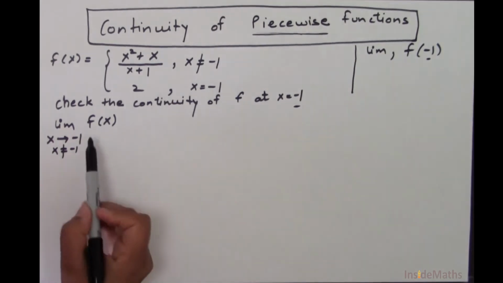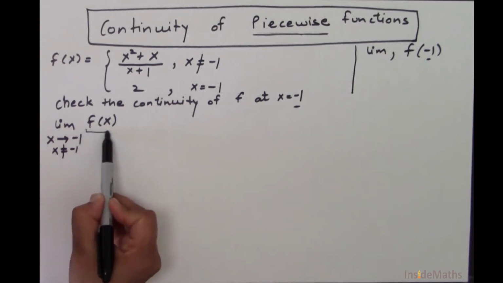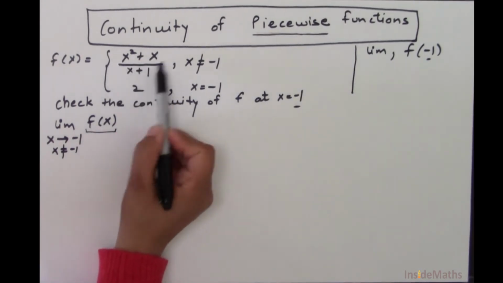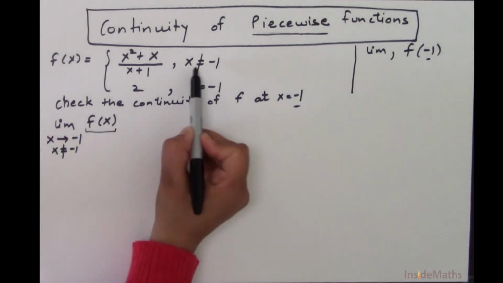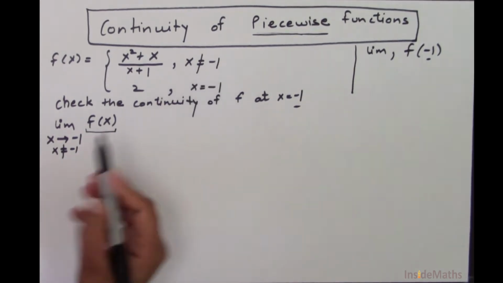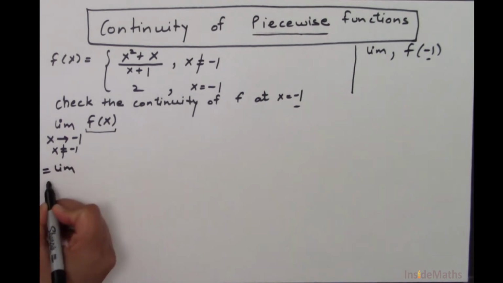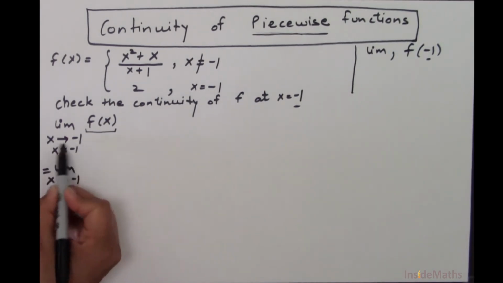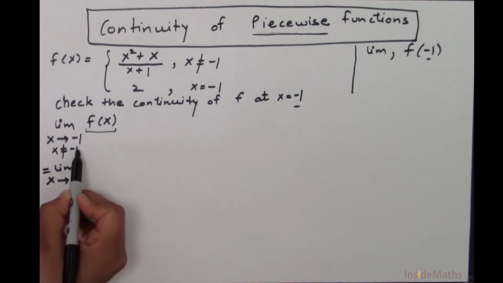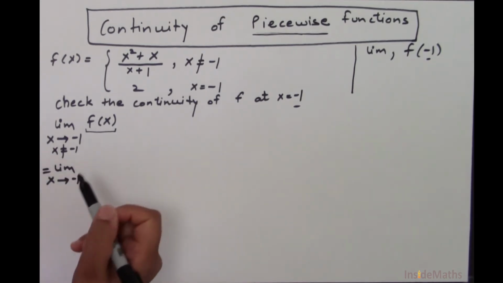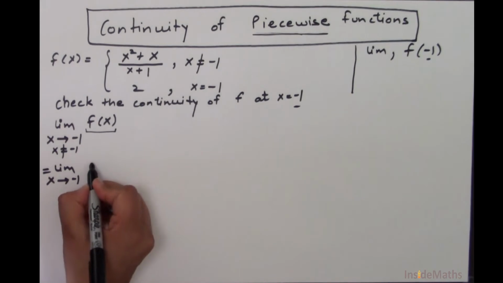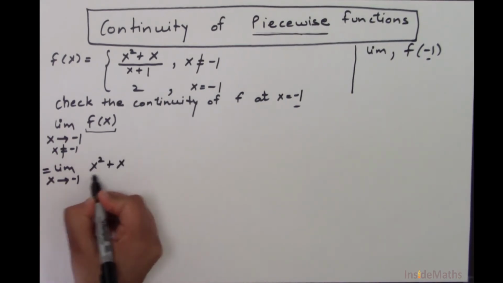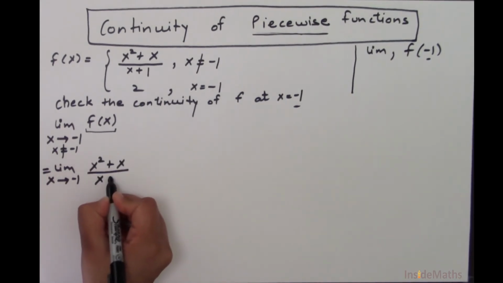That means we will use this value of f of x when x is not equal to -1. So limit x approaches to -1. You don't need to write this at every step. I just wrote to explain it. So I'll use this value now, x squared plus x divided by x plus 1.